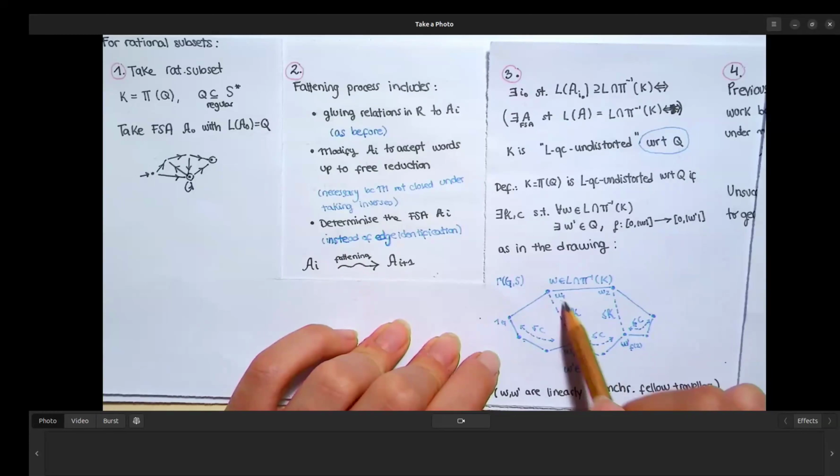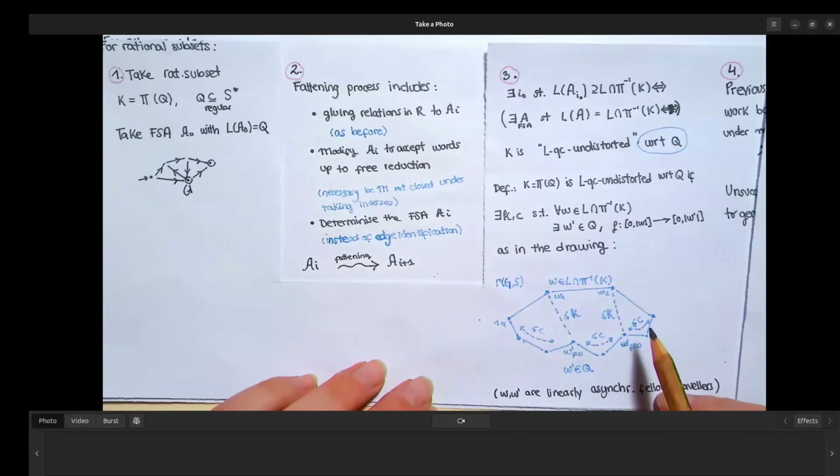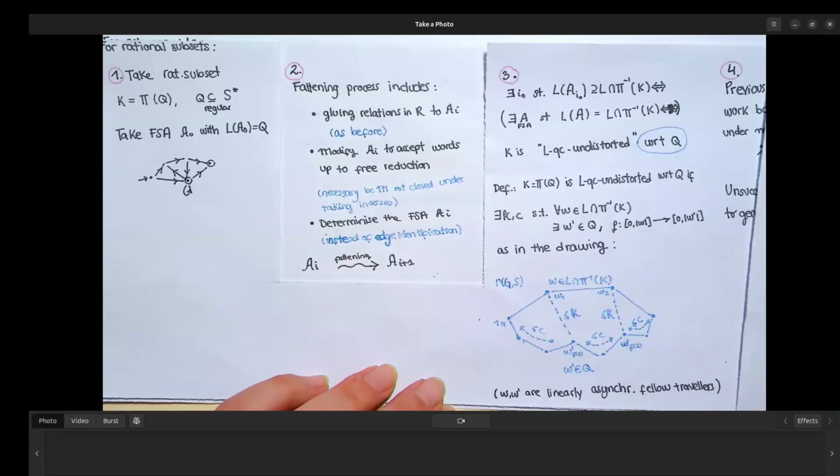So W1 is paired with W prime of f of 1. W2 is paired with W prime of f of 2. So this is where this f plays a part. And the new thing here is that we're not only bounding this by k, but we also need to bound how far away these paired vertices are in the path W prime.